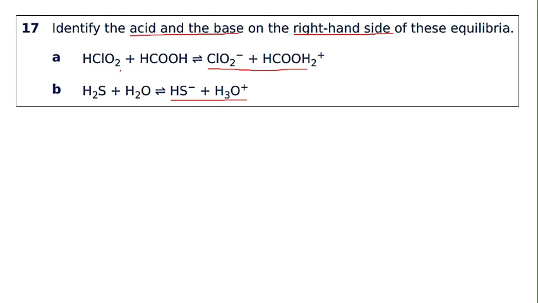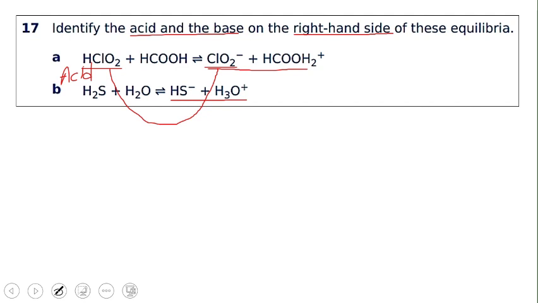So if we check out here, HClO2 is changing into ClO2- by donating one proton. It is giving one proton and changing into ClO2-. It means here HClO2 will be an acid.